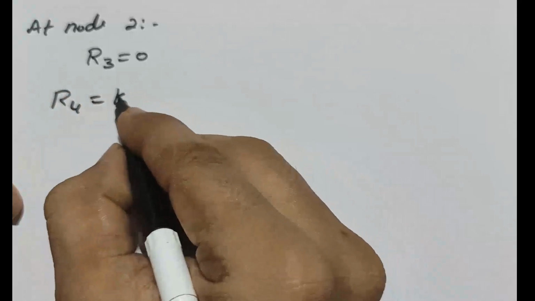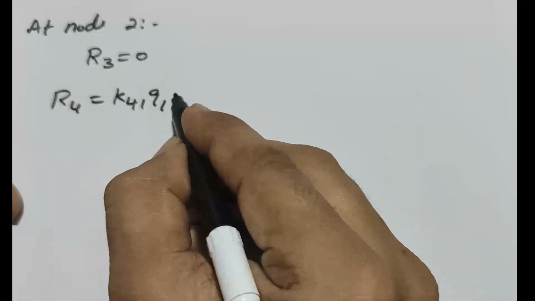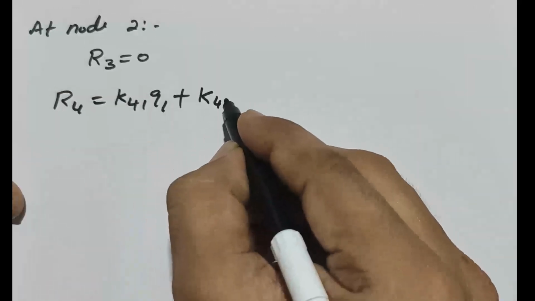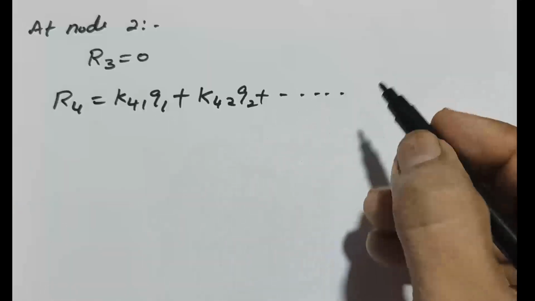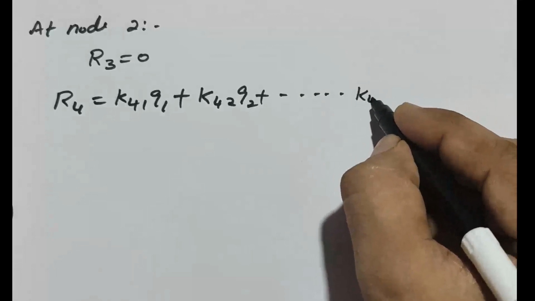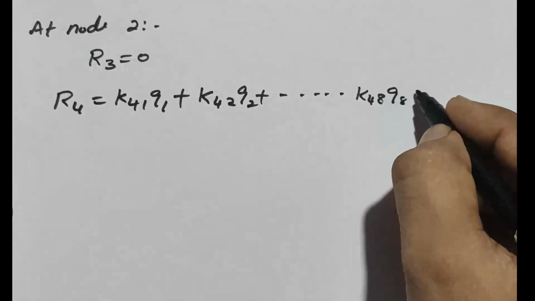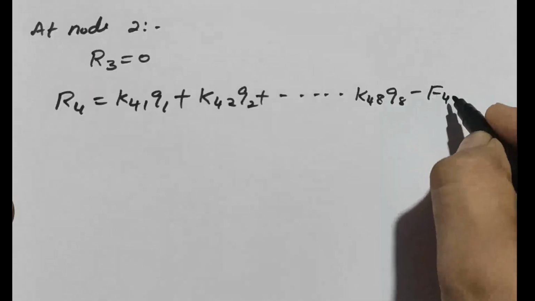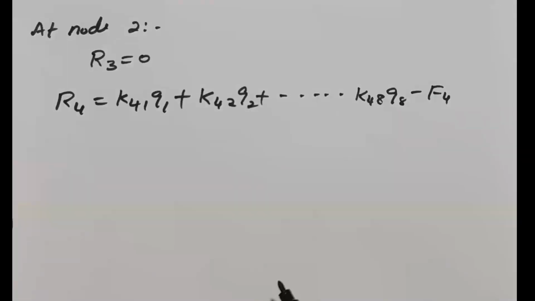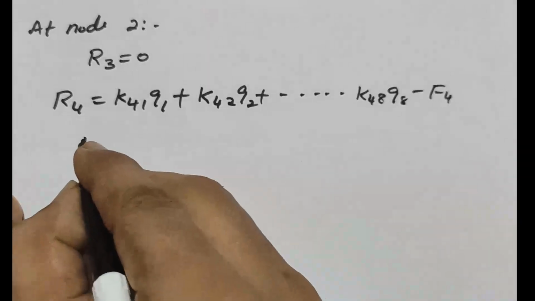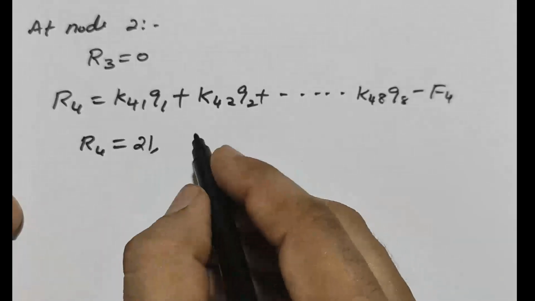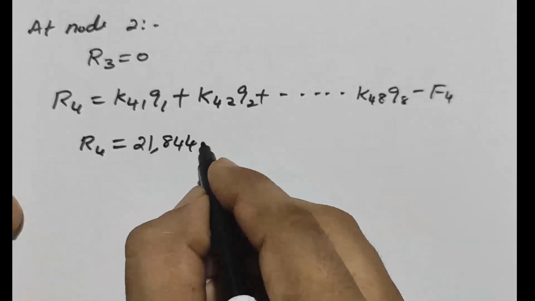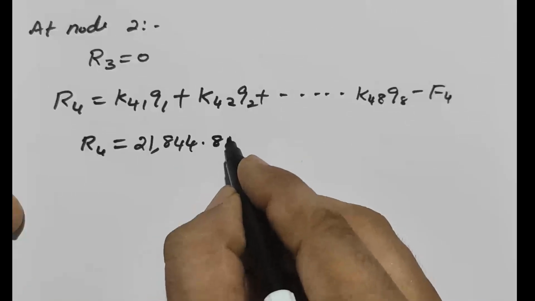The formula is K41 Q1 plus K42 Q2 plus dot up to K48 Q8 minus F4. If you substitute all the values and simplify, we will get R4 is equal to 21,844.8 Newton.